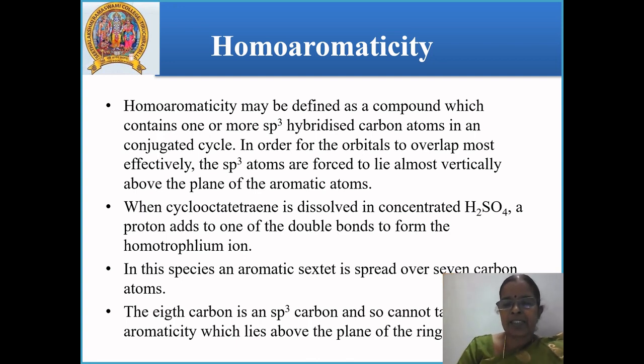In a homoaromatic system, an sp3 hybridized carbon is present, but that sp3 hybridized carbon lies almost vertically above the plane of the aromatic ring system. When cyclooctatetraene is dissolved in concentrated sulfuric acid, a proton adds to one of the double bonds to form the homotropylium ion.